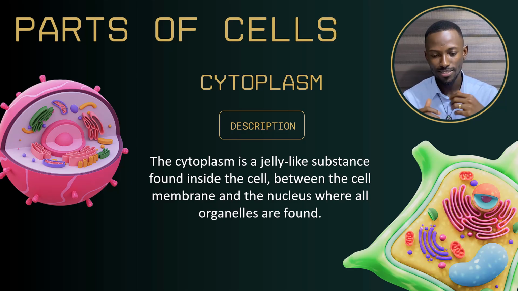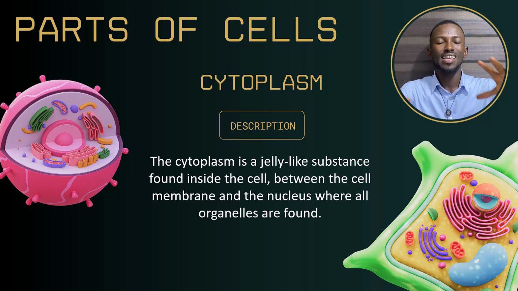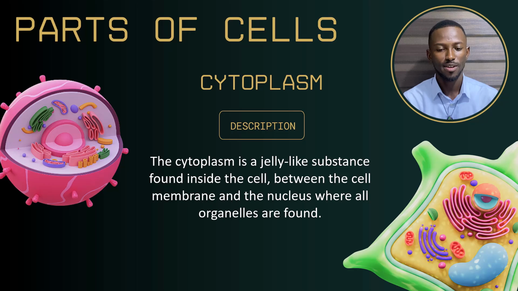So the cytoplasm is a jelly-like substance found inside the cell, between the cell membrane and the nucleus, where all organelles are found. When we compare to the factory, we can compare the cytoplasm to the inside space, the work area of the factory.